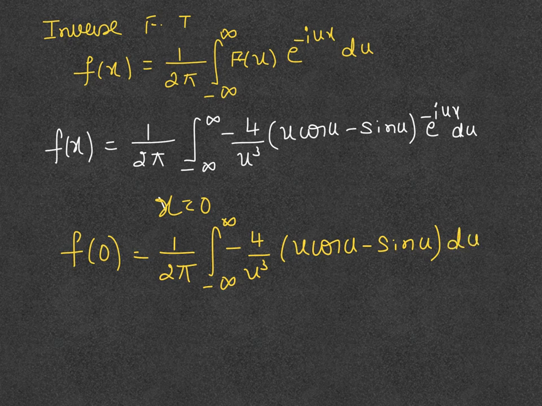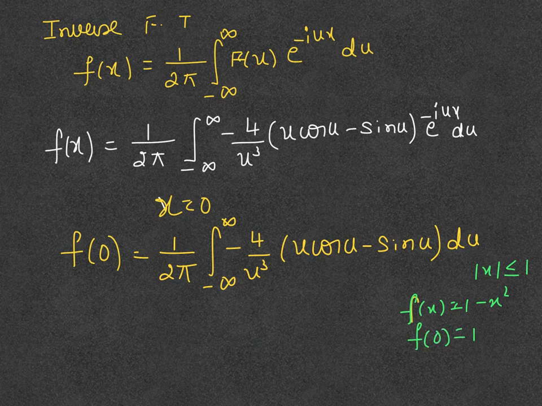So what is f of 0? We have the function f of x is equal to 1 minus x square for modulus of x less than or equal to 1. So here f of 0 is 1.